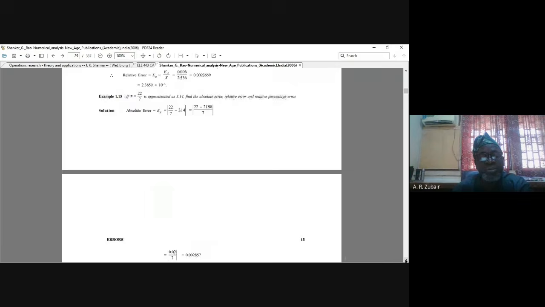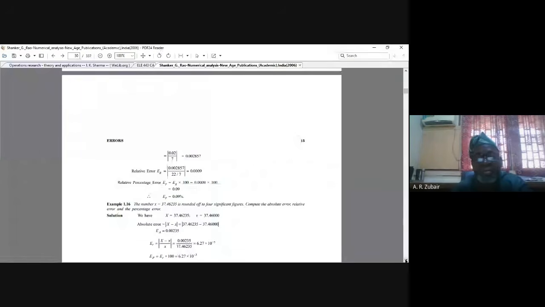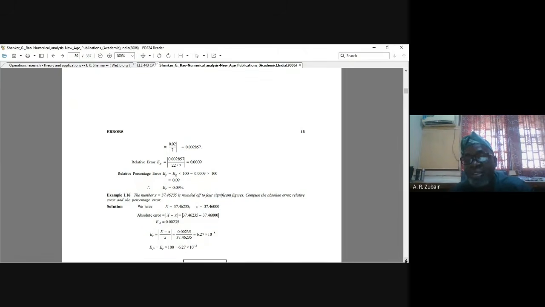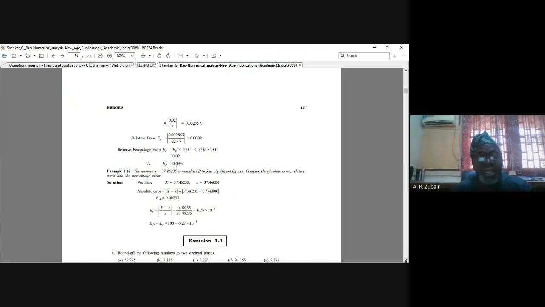You should be able to go through this chapter. Example 1.1 is saying you are given the exact number. It's rounded up to 4 significant figures. Give us the absolute error, give us the relative error, and give us the percentage error.